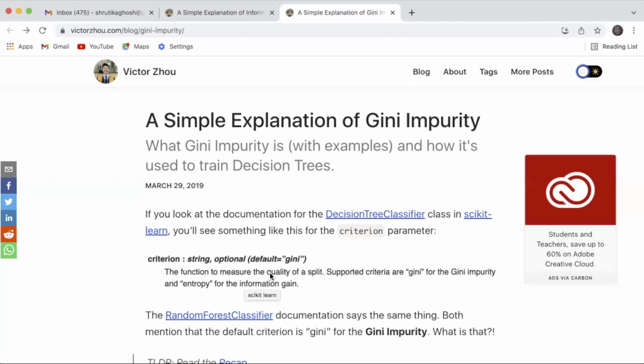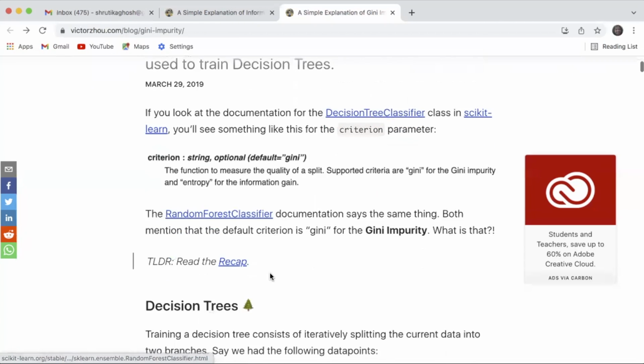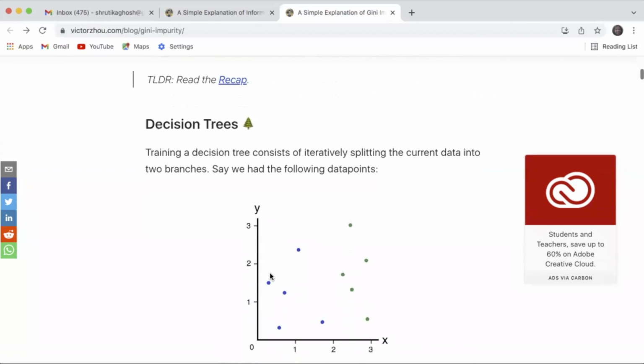So we will start from this point: what exactly does this gini that they have written mean? Decision tree we have already discussed in great detail in our previous video. I hope it is getting properly recorded.